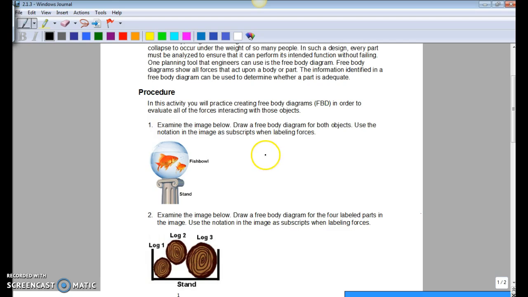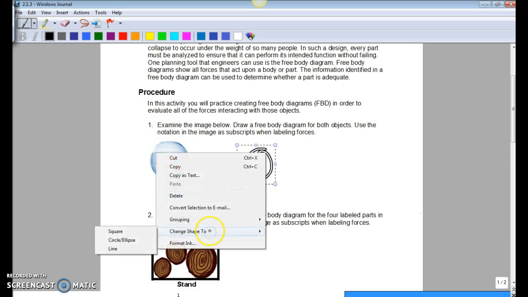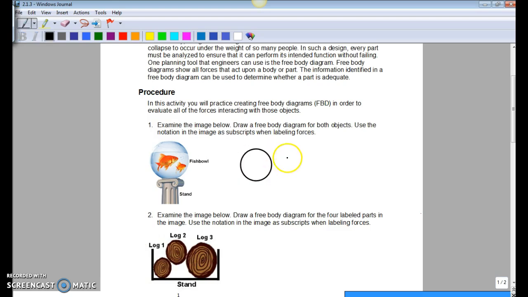So the first component I'll draw is our fishbowl. And in red, I'll demonstrate our forces.